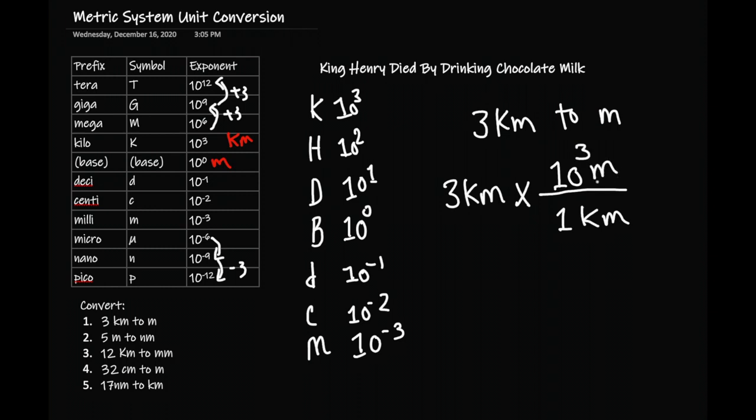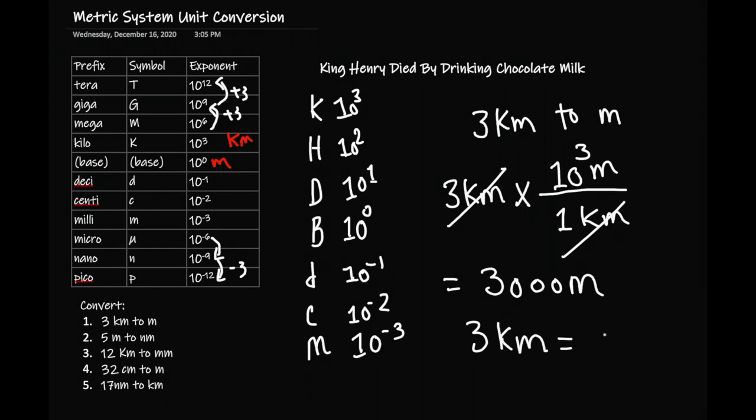Remember, we write those exponents just with the base, not with the prefix and the base. Now this kilometer and this kilometer will be cancelled. So we're just left with 3 times 10 to the power 3 meters. If we multiply that, we get 3,000 meters. Therefore 3 kilometers equals 3,000 meters.